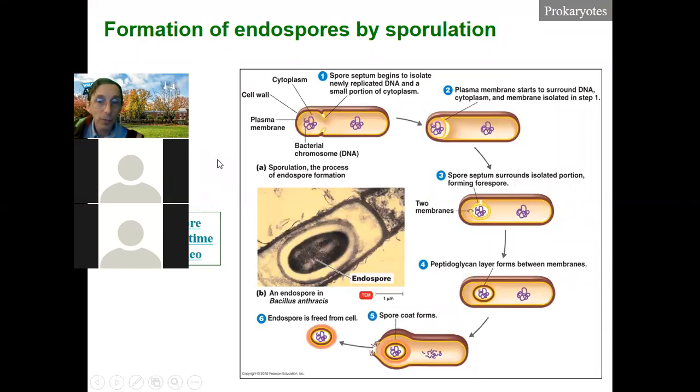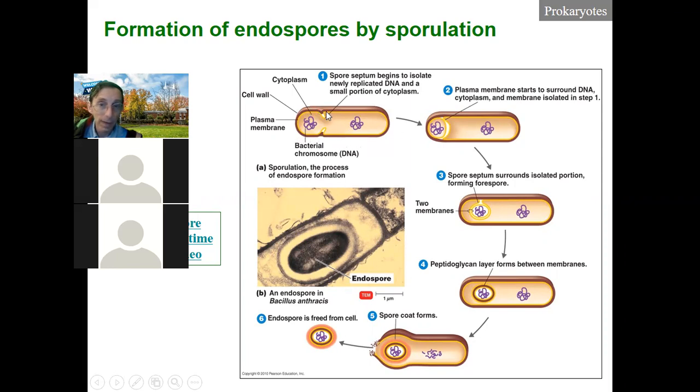So to make an endospore, the cell actually goes through division, but instead of dividing down the middle of the cell, which bacteria normally do, the division happens off towards one of the sides. The DNA will get replicated, and then one copy of the DNA will move into the region where the endospore will form.